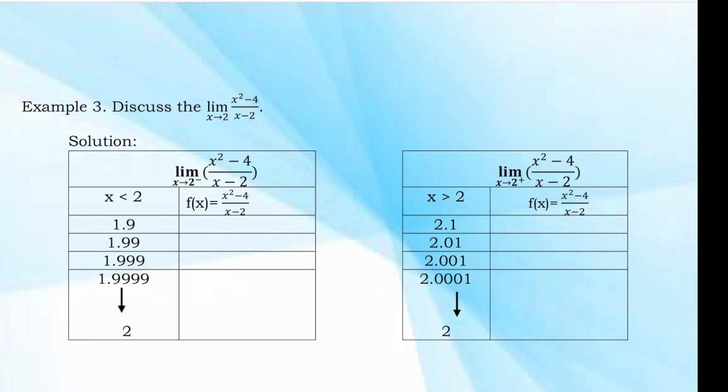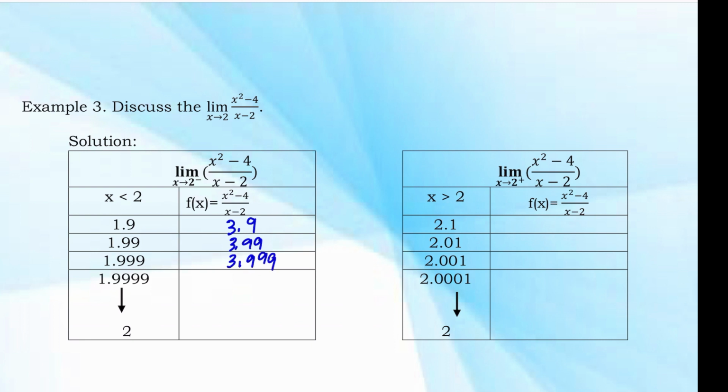If we use 1.9 in the function, it will become 3.9. Next, 1.99, the function will become 3.99. Using 1.999, the function will become 3.999.